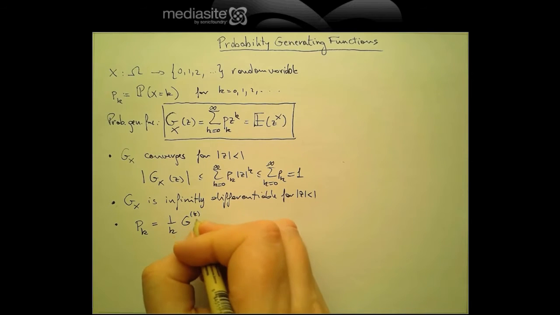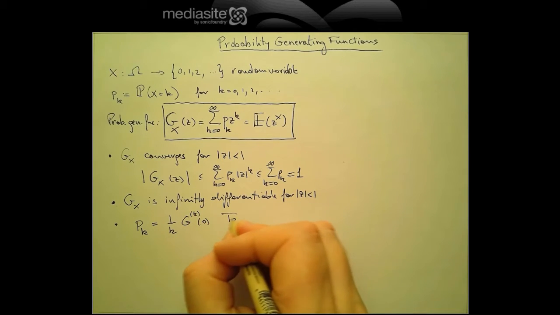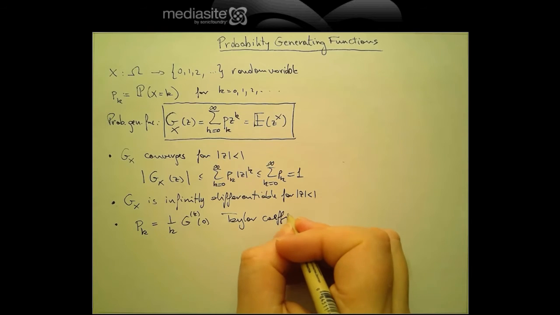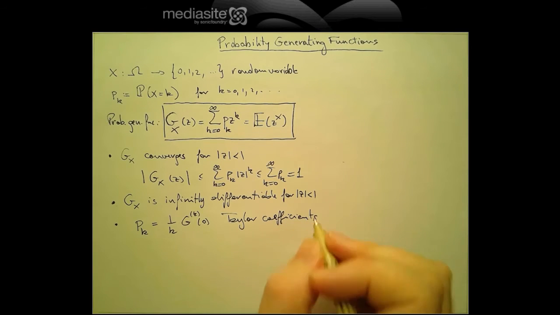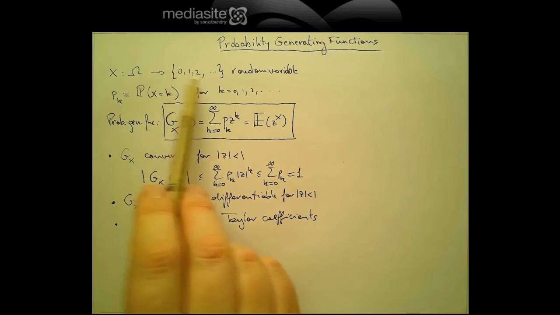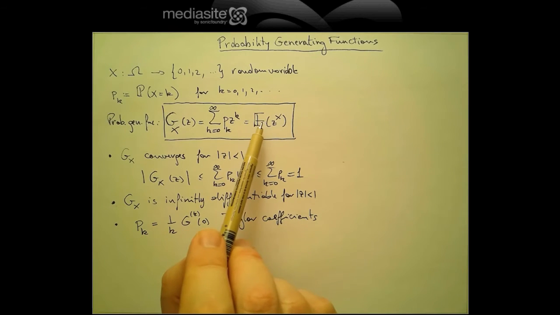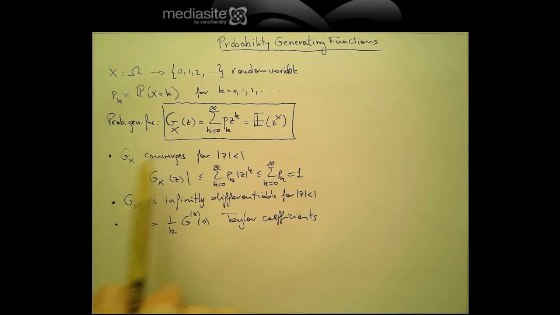So this is the way to go back and forth. If you give me a random variable with a certain mass distribution, you can build the generating function. Conversely, if you have the generating function, you can take its derivatives, plug in 0, and you recover the probability, the mass distribution.